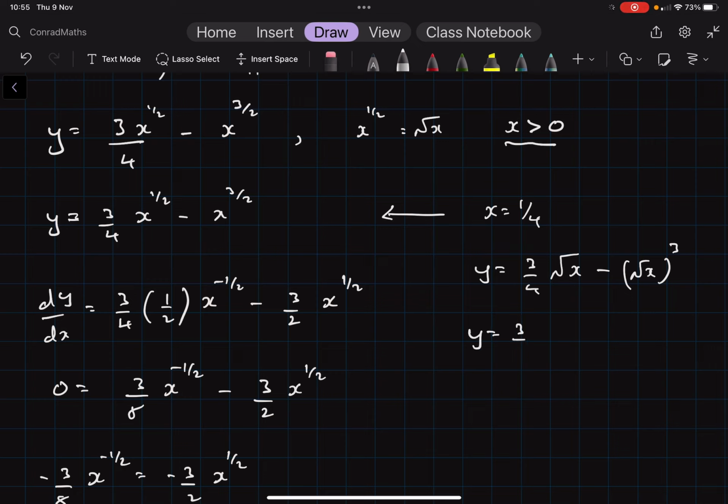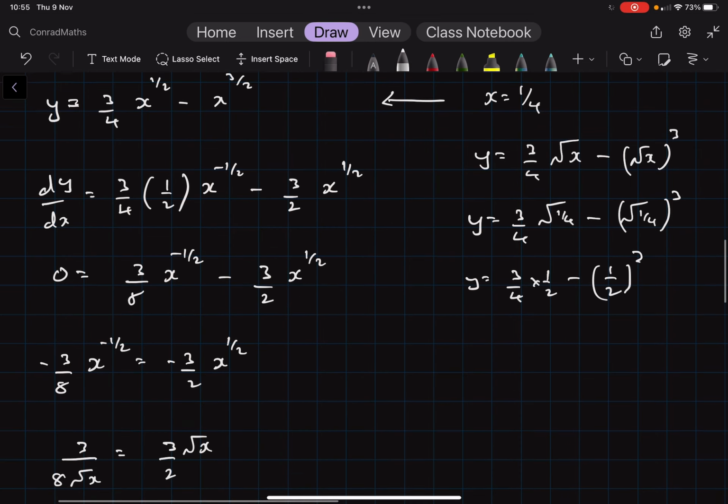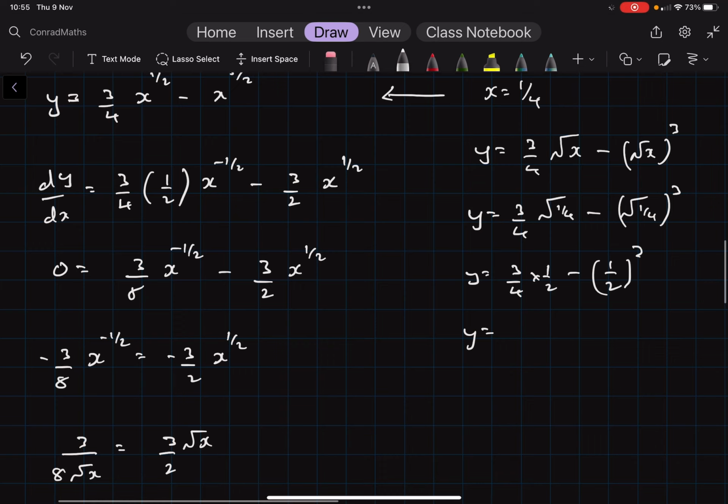So 3/4, the square root of 1/4 minus the square root of 1/4 cubed. The square root of 1/4 is 1/2. So 1/2 cubed. And y is equal to 3/8 minus 1/8, which is 2/8, which is 1/4. So the coordinates of the turning point are (1/4, 1/4).